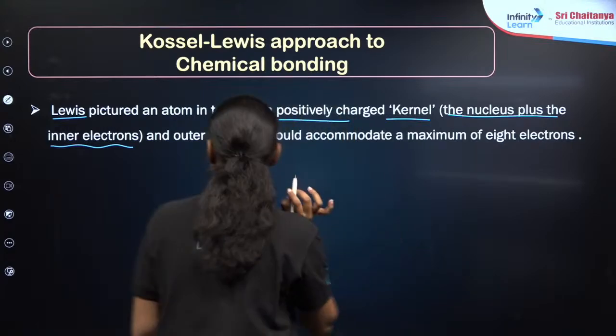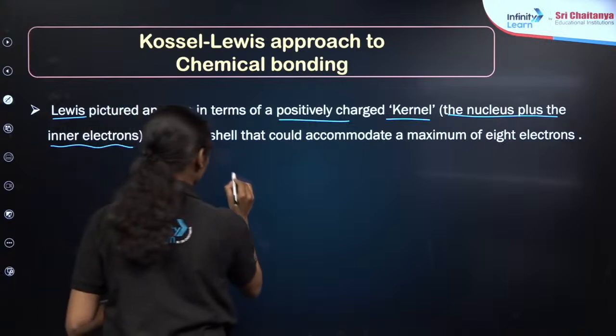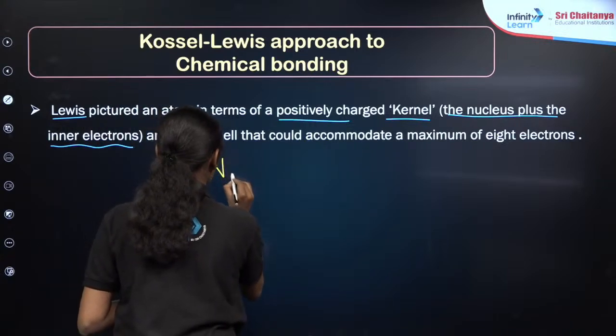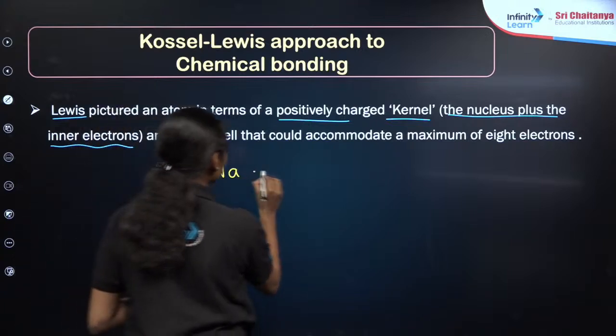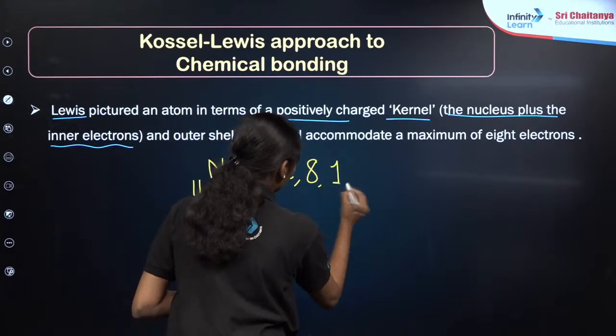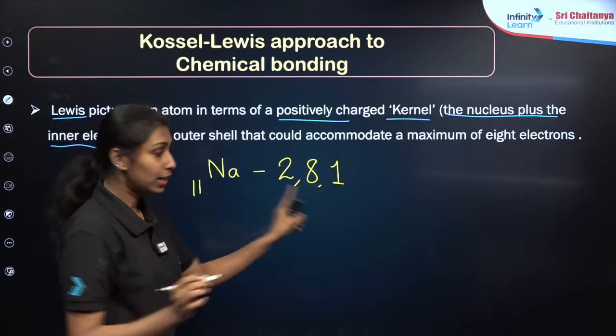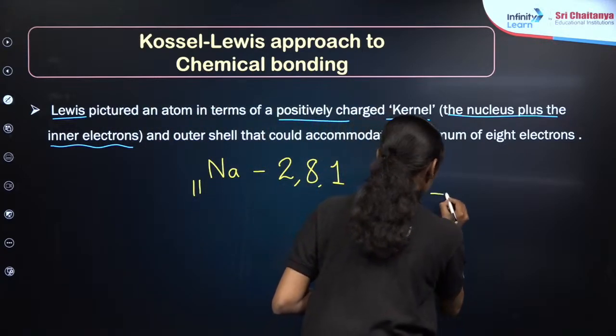For example, if I am taking a sodium atom, having the atomic number 11, its electronic configuration is 2, 8, 1, because it has a valence electron of 1. If I draw the picture of a sodium atom, I can draw it like this. This will be our nucleus.